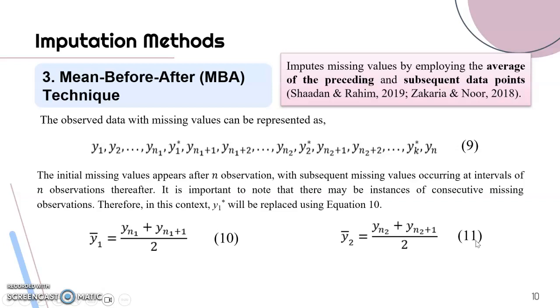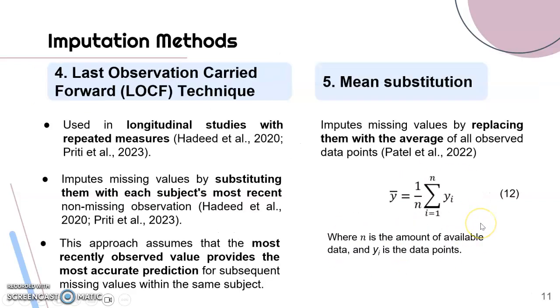And the third one is the mean before and after method, or MBA. It fills in missing values using the average of the nearest observed values before and after the missing point, and the formula is given by this. Number 4 is the last observation carried forward, LOCF method, where it assumes the last observed value is the best predictor for the missing value.